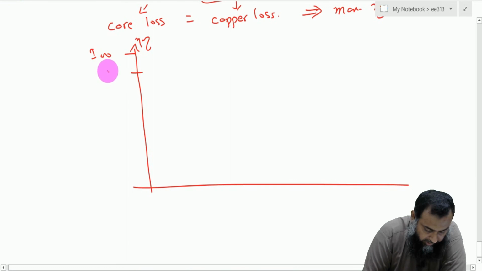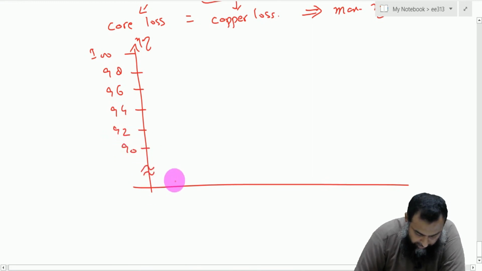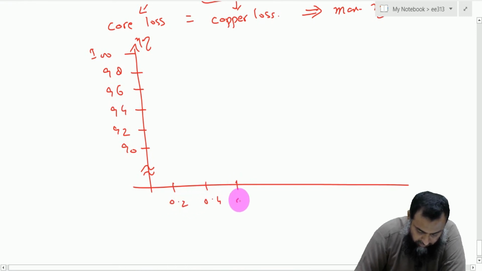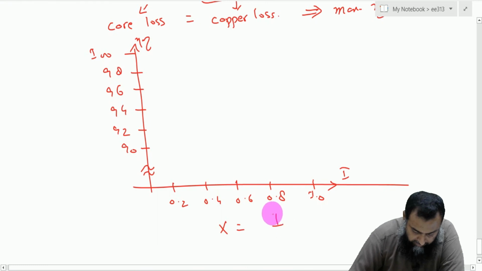Here we have 98, then 96, 94, 92, and 90. And also we have the percentage loading 0.6, 0.8 and 1. This is the current, where X is equal to IS divided by IS at full load.